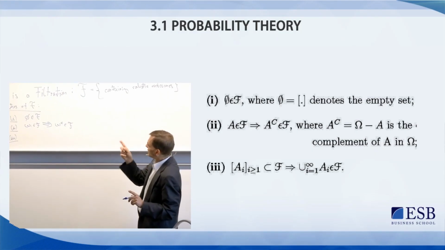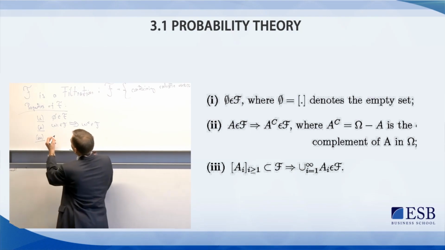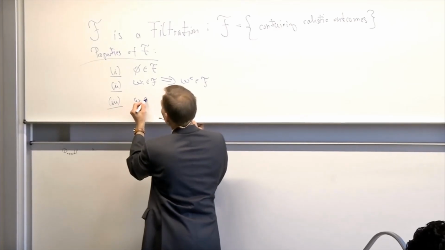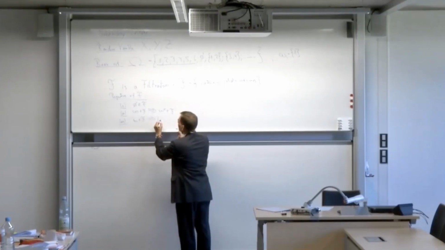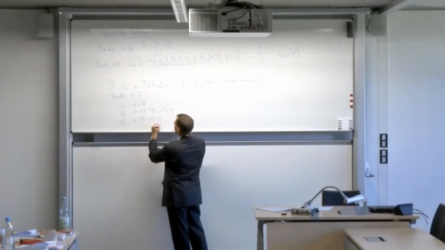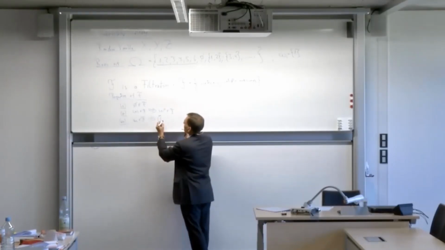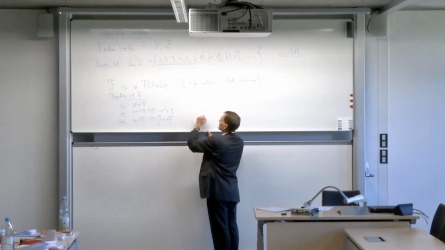Okay. Third property. If we have some events, let's call them omega i, and they are in my filtration F, then the union, that means all these single events all together, from i to infinity, or if the set has just n elements, you can say i to n, of my omega i's are in my filtration. So this symbol is a union.